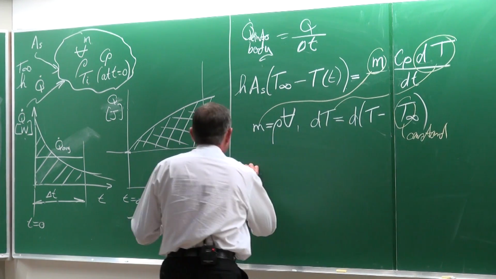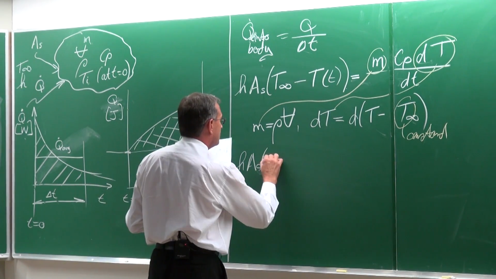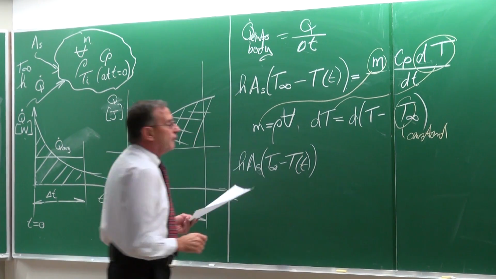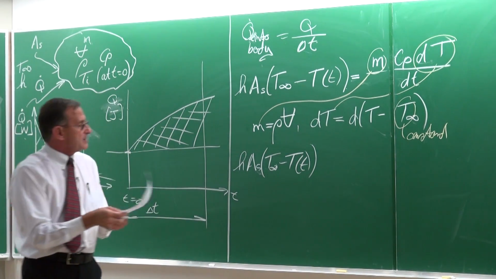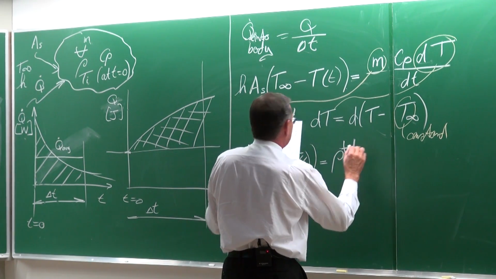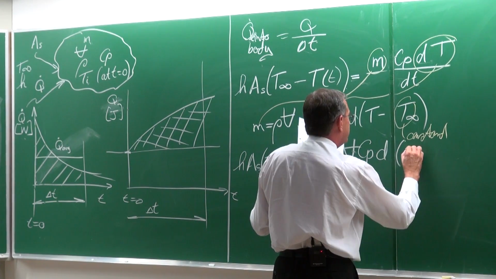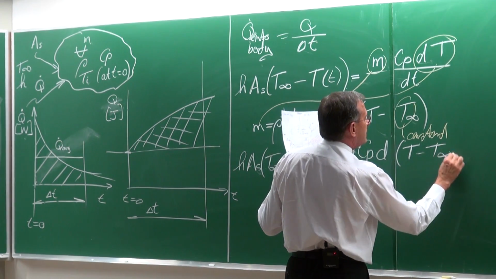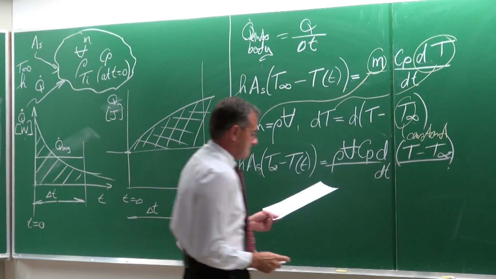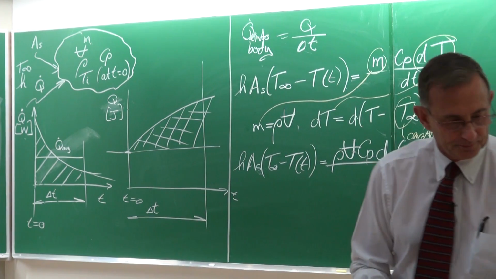Then we can write this equation as the heat transfer coefficient multiplied by the surface area, T infinite minus the temperature of the body at any specific time T, is equal to rho multiplied by the volume multiplied by Cp multiplied by d(T minus T infinite) divided by dt. Are you happy with that?